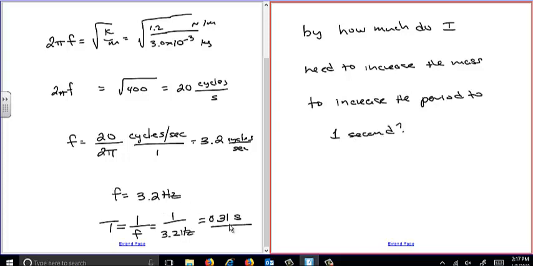So here it's 0.3 seconds. So I need to get it longer. What do I need to do? Well, if the spring constant is fixed, then I have to increase the mass. So the question is, how high does the mass have to be?